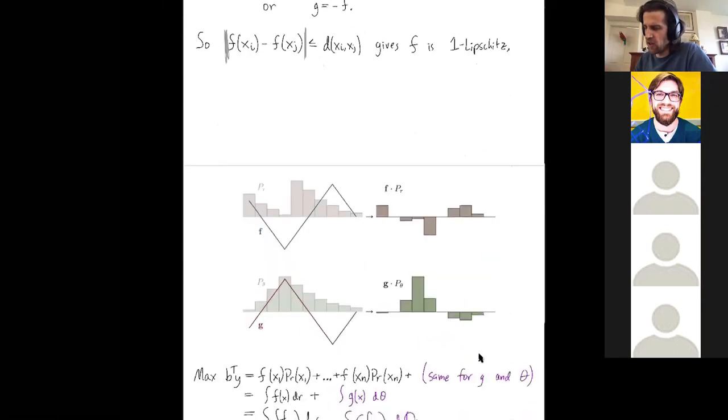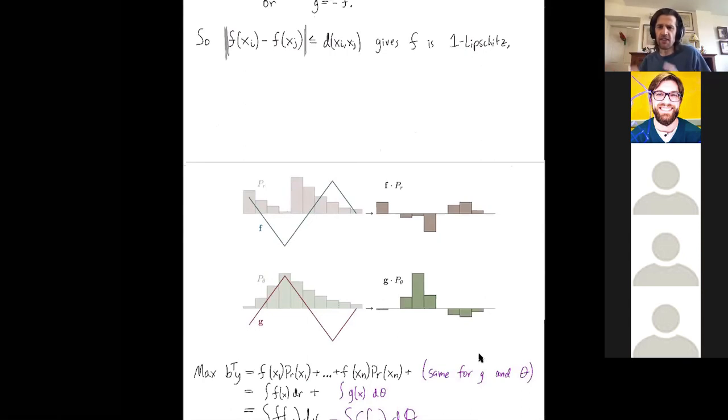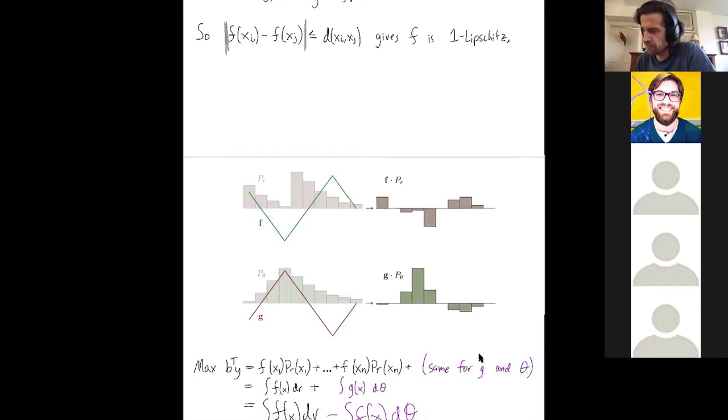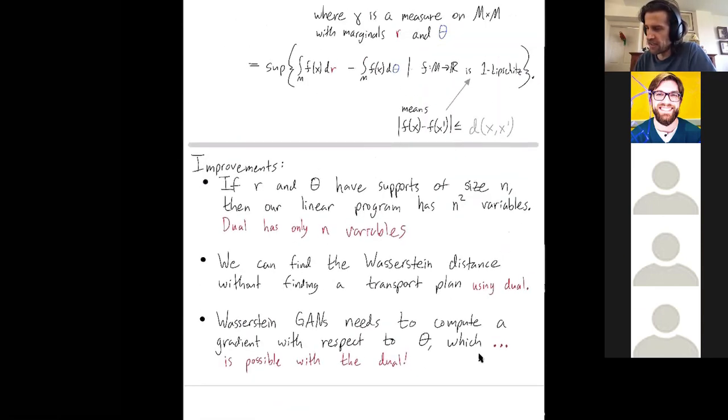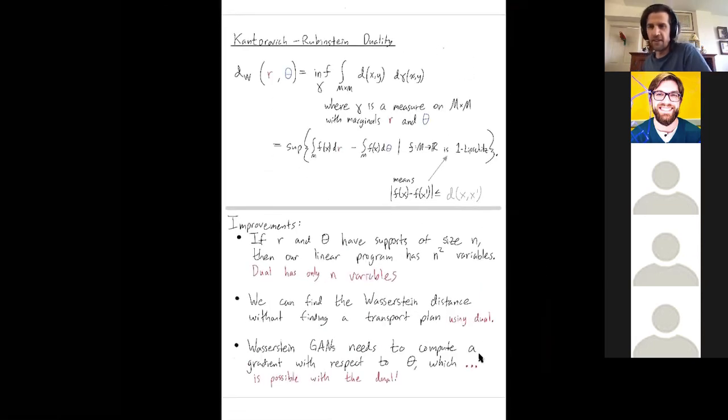So we really don't need to go to the product space, right? I don't need to consider this matrix with R one marginal and theta the other marginal, and every entry of this matrix is a variable. My variables are now just the value of f on my original space, not the product space. So that's one nice computational advantage. In the dual program, we only have n variables instead of n squared.